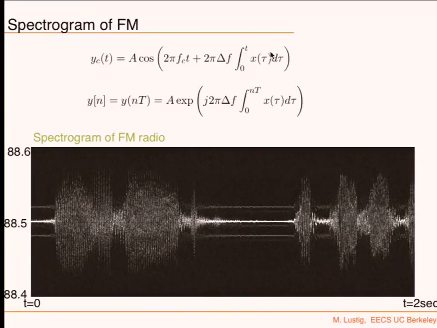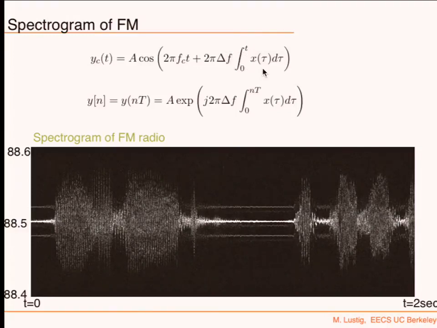Okay? So this will basically define that if you have a certain amplitude change, then that would correspond to a change in frequencies. Okay? So if you take the derivative of this, then you just get delta f times x, right?